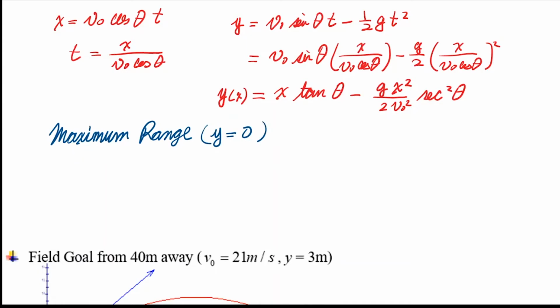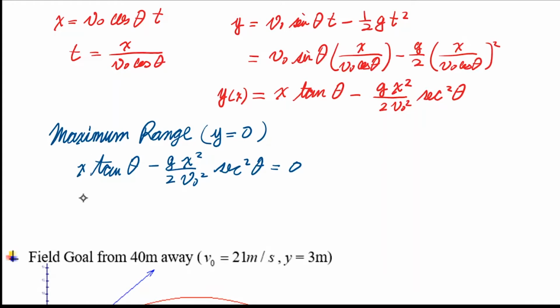So what we have is x tangent theta, minus g x squared over 2 v naught squared secant squared theta, is equal to 0, right? Can we common factor x?